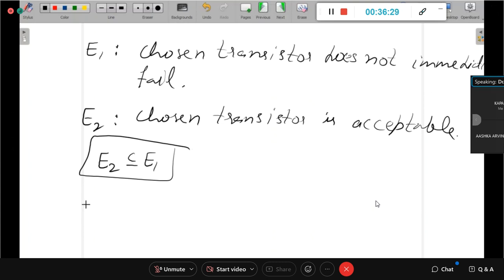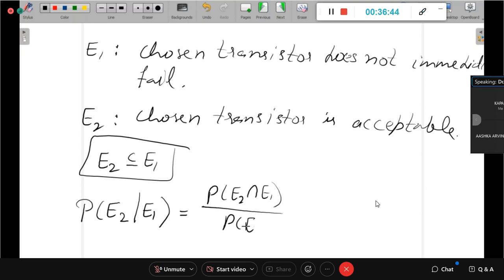So now we are looking for the probability of E2 when E1 has occurred. Applying the mathematical definition, it is the probability of E2 and E1 happening together divided by the probability of E1, which is the probability of E2 divided by the probability of E1.